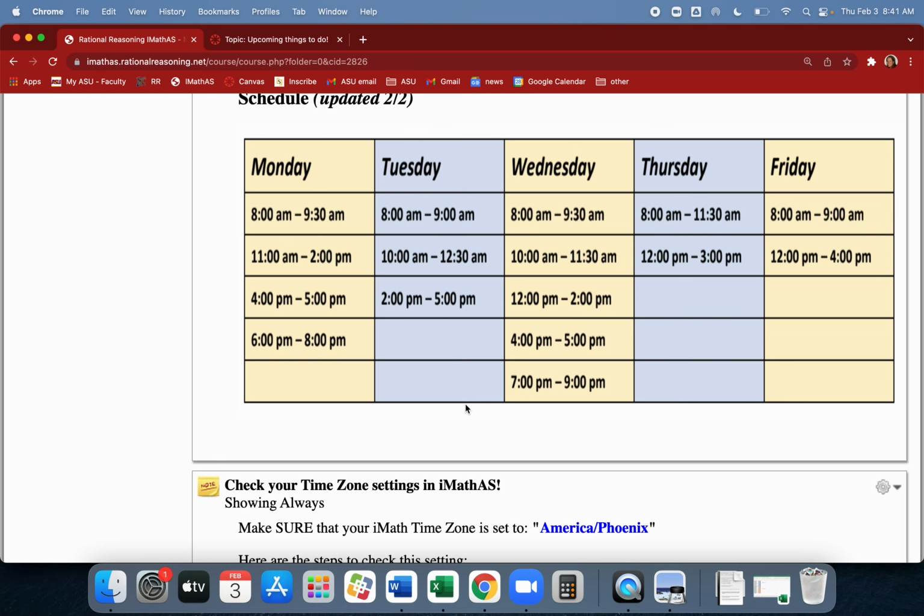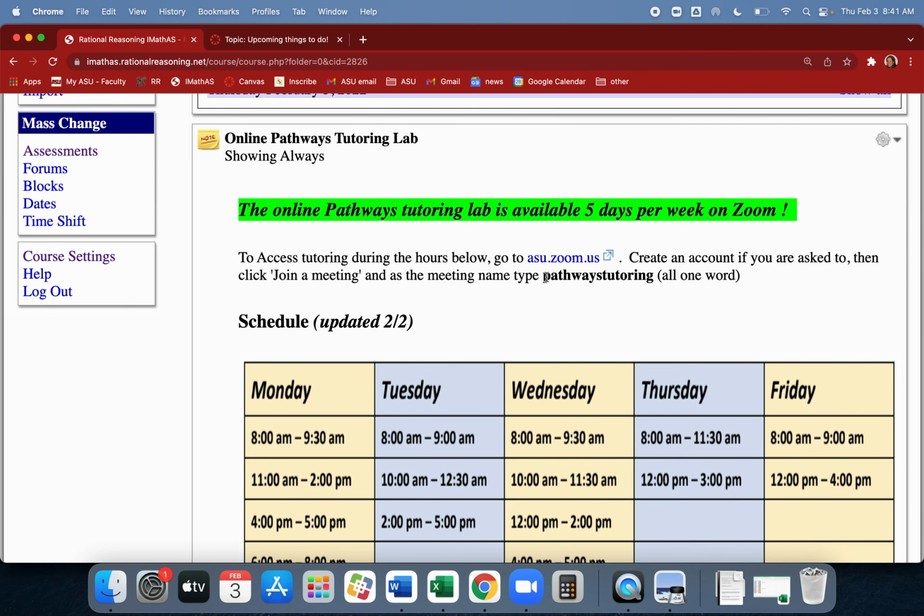Any of those hours, that's people like me and IAs and grad students, a whole bunch of people that work with the course and some other math tutors, available at the Zoom location where the instructions are here. Just open your Zoom, and then join a meeting, and the name of the meeting is saved in the ASU system as Pathways Tutoring. You can just type that all one word, and it knows where you want to go. So that's the online tutoring for this.